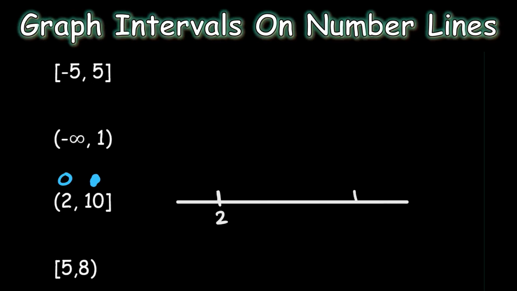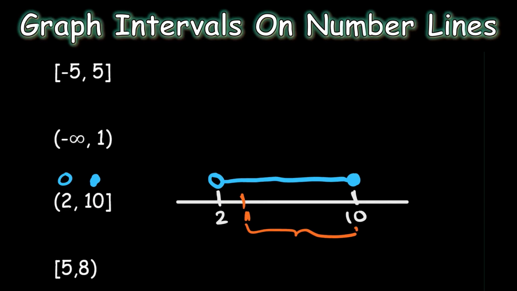We got 2 on our lower end and 10 on our upper end. And again, 2 is attached to a parenthesis, so it won't be included in our interval, and 10 is attached to a bracket, so it will be included in our interval, and that will be a closed dot. And now we just connect the two, and we can see that any number from 1 to 10 will be in our interval.